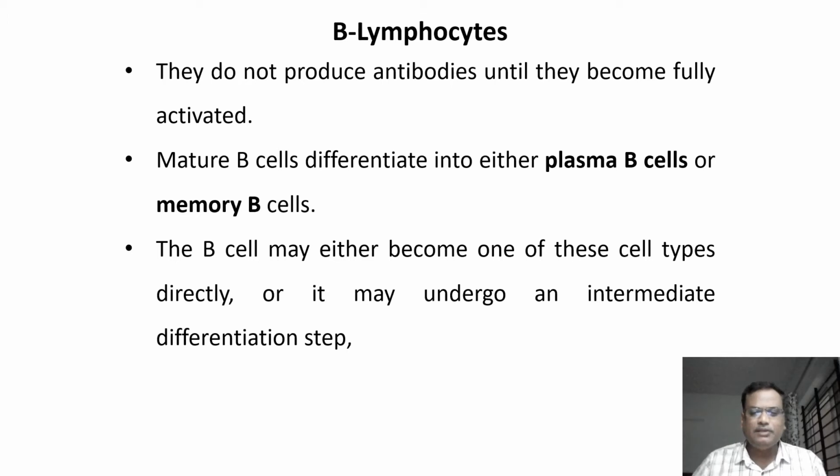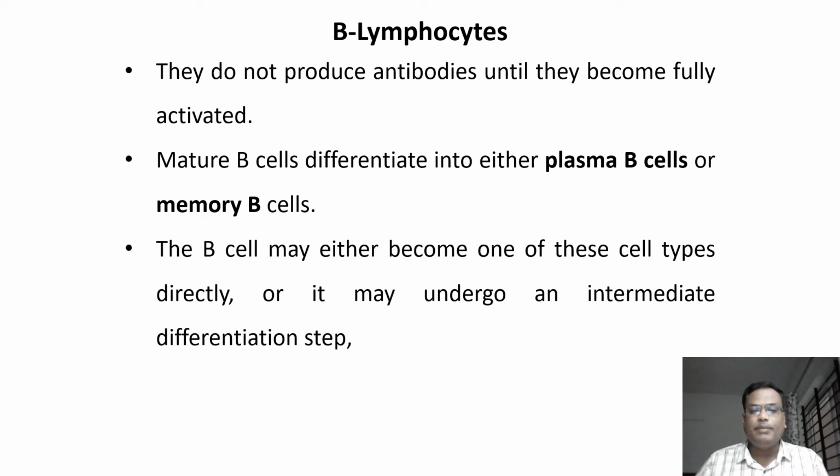These memory B cells may remain in the blood circulation for few hours, few days, few weeks, few months, or there are some memory cells of particular pathogens which will remain in the blood circulation for many years. That means once the person is infected by a particular disease for the first time, he remains immune to that particular disease because of the memory cells for a long time.